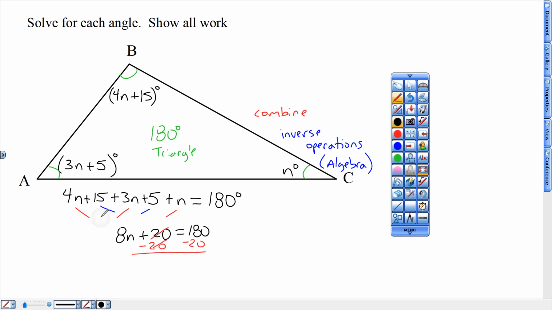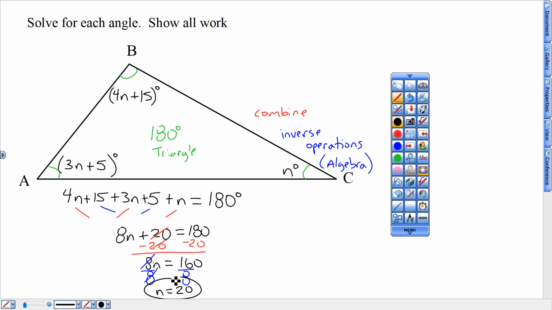Bring down the 8n, bring down your equal. 180 minus 20 gives me 160. And now the opposite of multiplying by 8 is dividing both sides by 8. So when I use my calculator to divide 160 by 8, that should give n is 20.